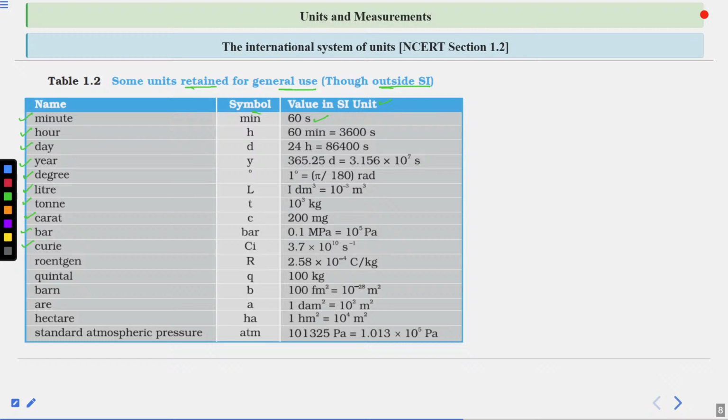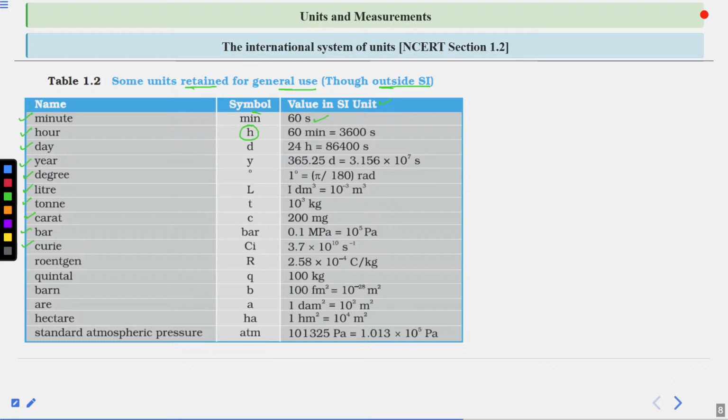Second is hour, and the symbol is h. If we talk about the hour, we need to convert it into second, because in the SI system the unit of time is second.